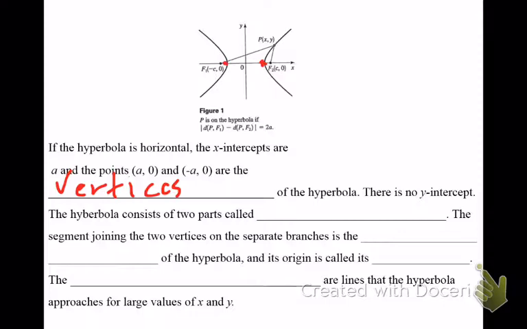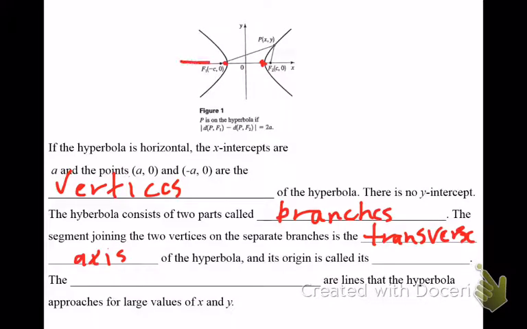The hyperbola consists of two parts called branches. The segment joining the two vertices on the separate branches is the transverse axis of the hyperbola. So this is the transverse axis, and the origin is called its center.